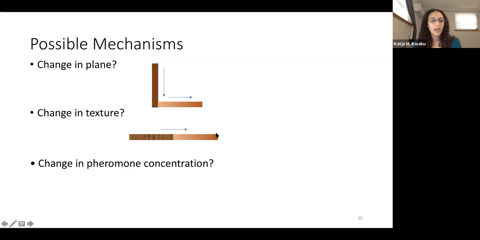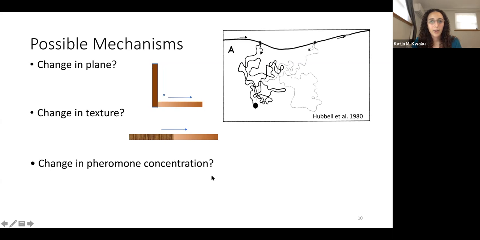And then there's also some evidence that the pheromone concentration is higher on the trunk than on the ground, so they could be detecting a change in pheromone concentration. If we remember our figure from Hubble et al., the ants transferred at the junctions where the X's are, and the ants were going from low pheromone concentration because it's a novel trail to high pheromone concentration because it's an established trail.